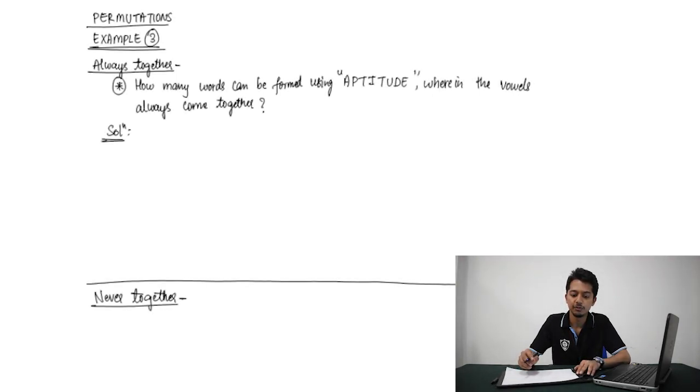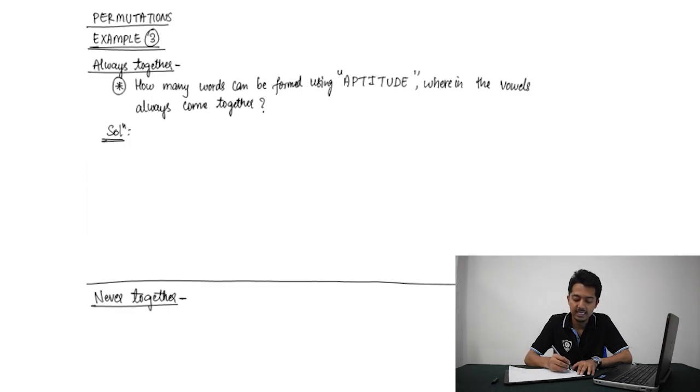Moving on to the next type of problems, that is always together and never together. This is a very important type. For example, how many words can be formed using APTITUDE wherein the vowels always come together?